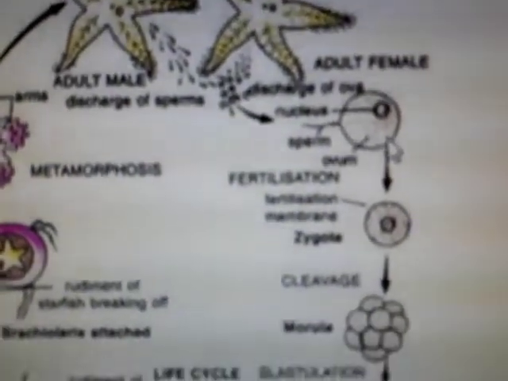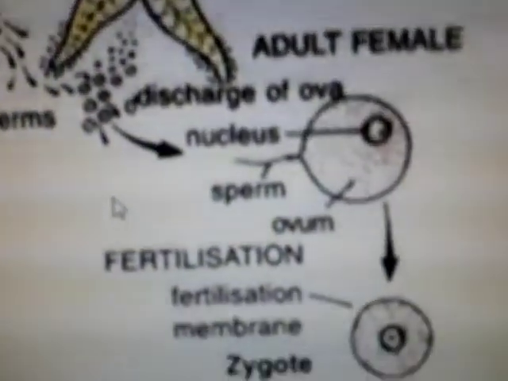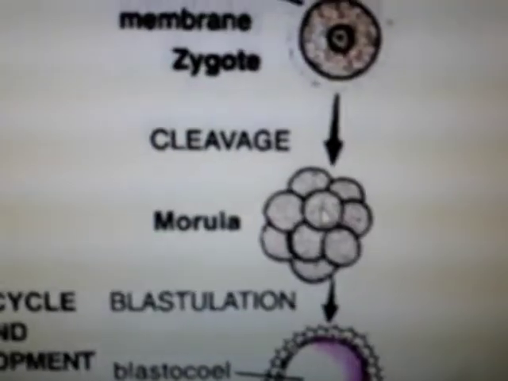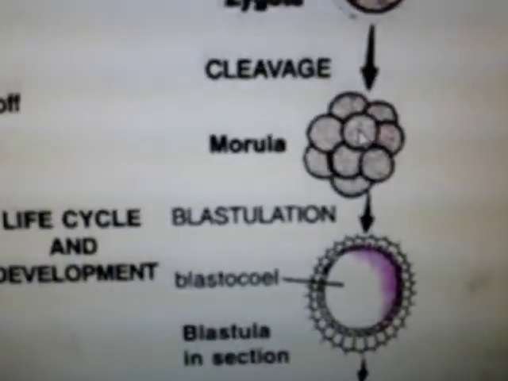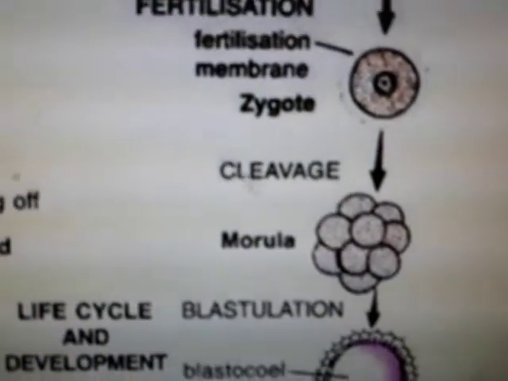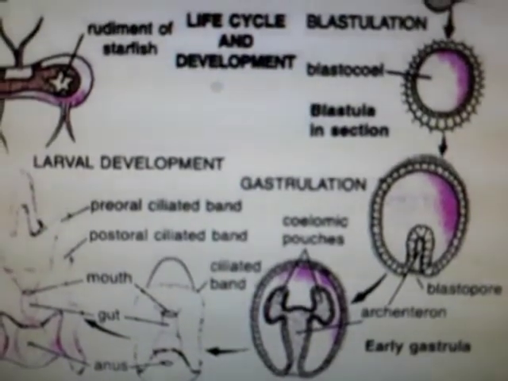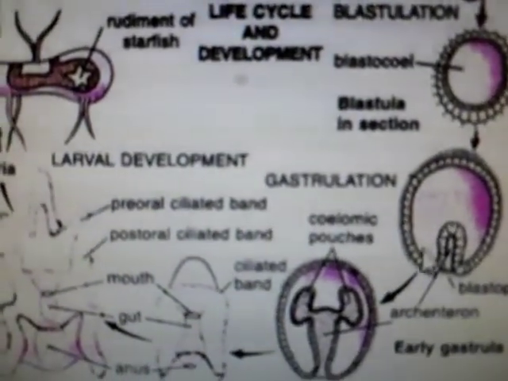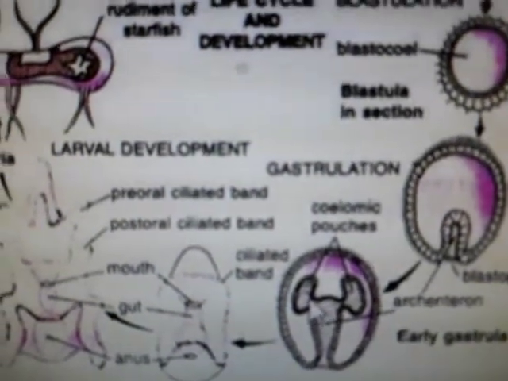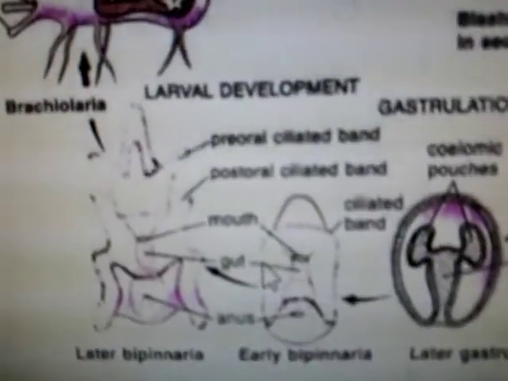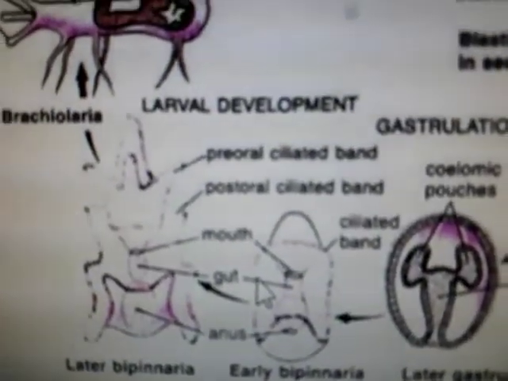After fertilization, this is the ovum, this is the zygote, cleavage, morula, blastulation. Gastrulation, later gastrulation, and this is early bipinnaria.